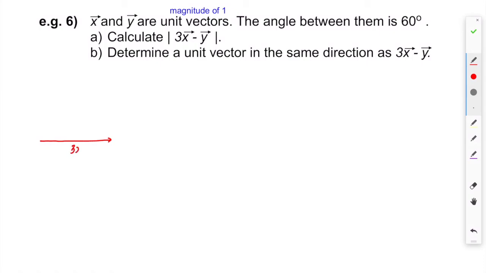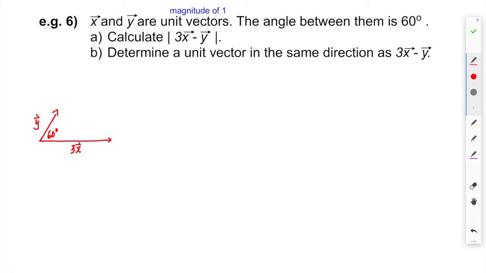So let's call this 3x. The angle between two vectors is measured from tail to tail. So that means if I go to the tail of this vector 3x, take 60 degrees here, and go 1 unit, I should draw the vector y.